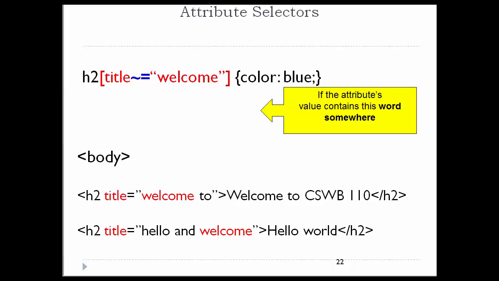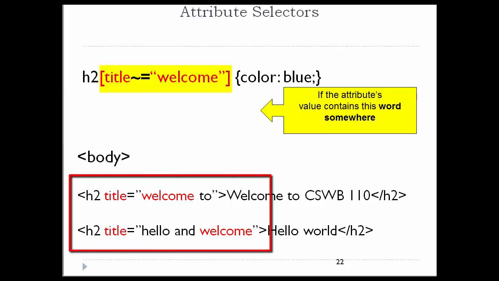We also have another variation on the attributes where we have a tilde in front of the equals. And that means that the value of the title attribute is contained somewhere in the string. So if you look at our HTML, here we have title equals welcome to, title equals hello and welcome. The word welcome is contained somewhere.